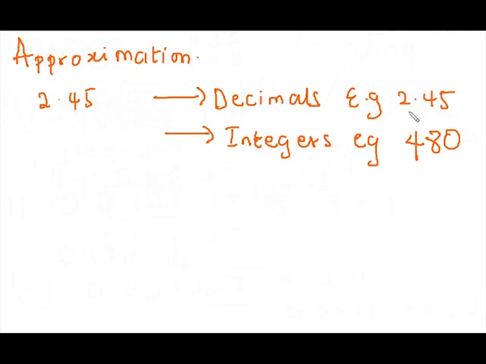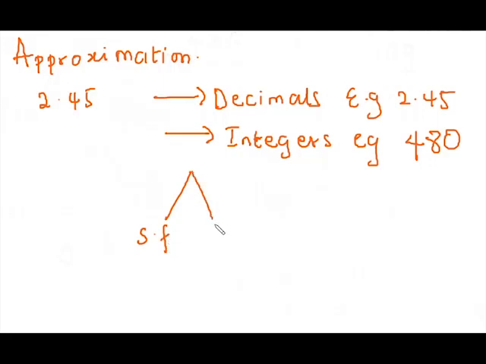For decimals, we have a number with points and then numbers after those points. But for integers, these are simply whole numbers. To deal with approximation, we often approximate our values in three methods. The first method is the significant figure method.